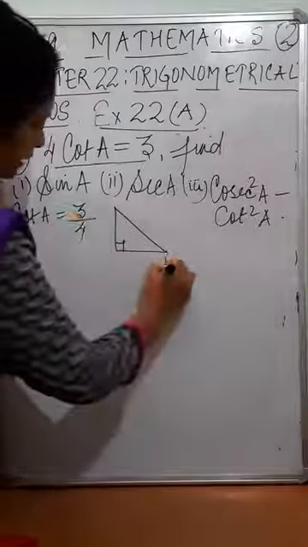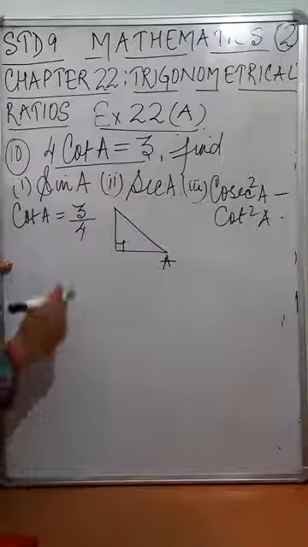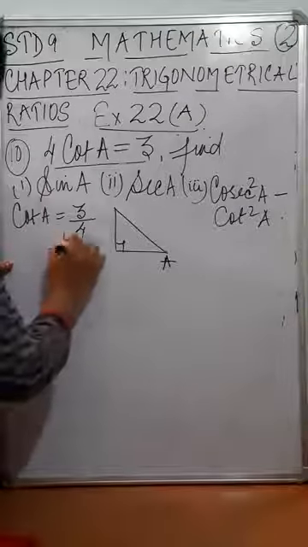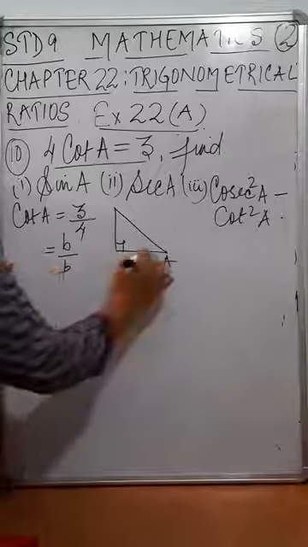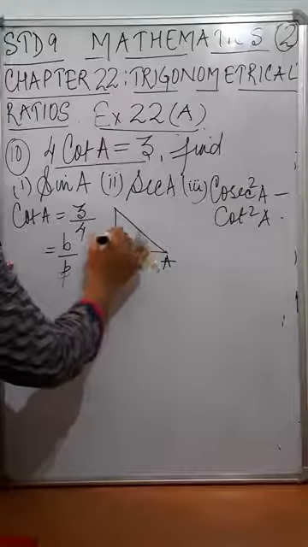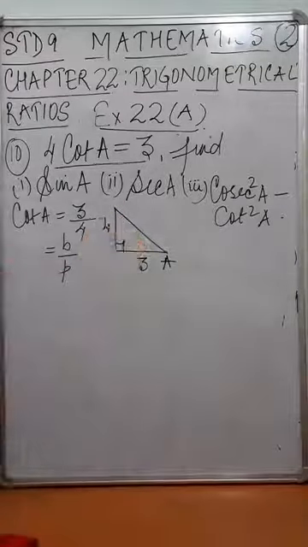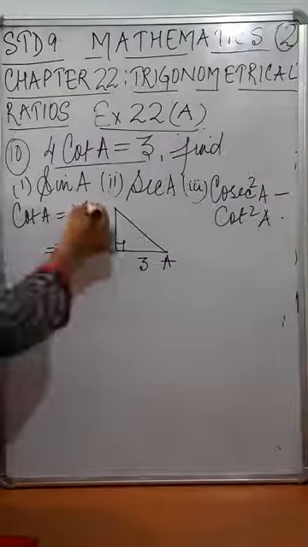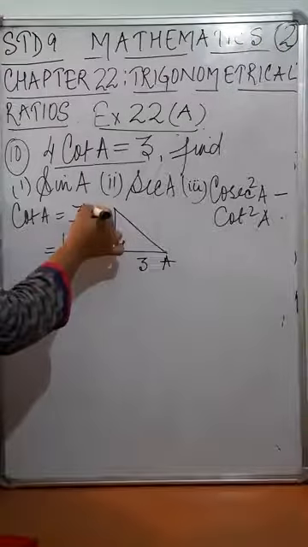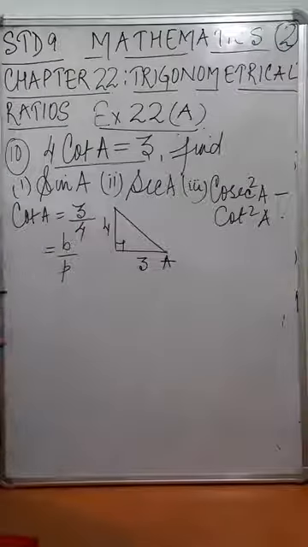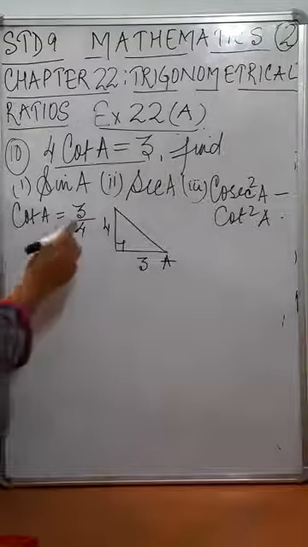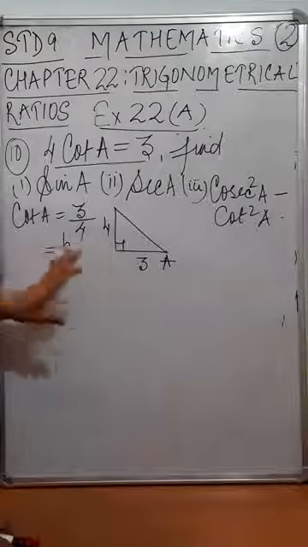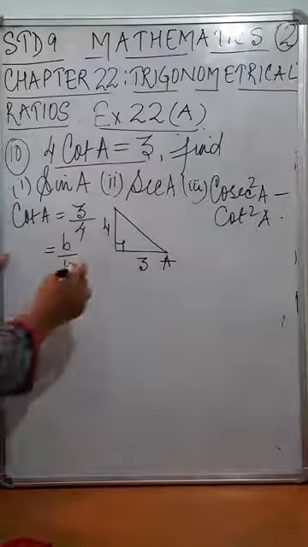Let me take this angle as A. Cot is equal to base by perpendicular. Therefore, base is 3 and perpendicular is 4. Actually, it is in this ratio 3x and 4x, but because it is a ratio, x and x will cancel each other. Therefore, take it as 3 by 4 in this case.